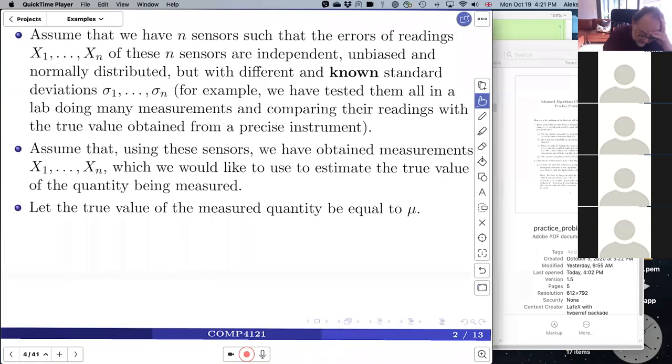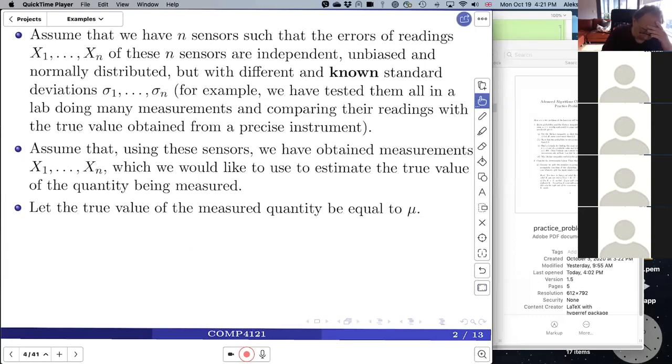so to put it formally, we have n sensors that have readings x1 up to xn, such that the errors of the readings are independent. Sensors are unbiased, so the expected value is equal to the true value, and they are normally distributed, but with a different known standard deviation sigma i, right?